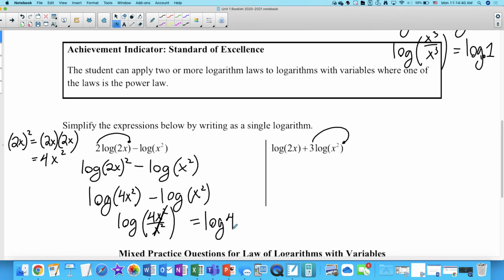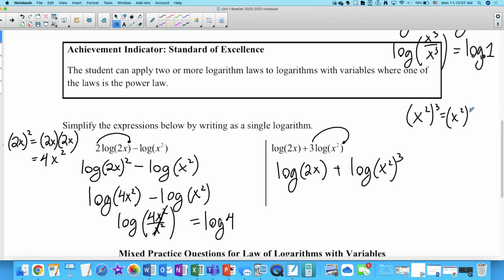In this next question, we're going to have the log of 2x plus the log of x squared cubed. So again, if I expand this, x squared times x squared times x squared, you could even expand each of those out.